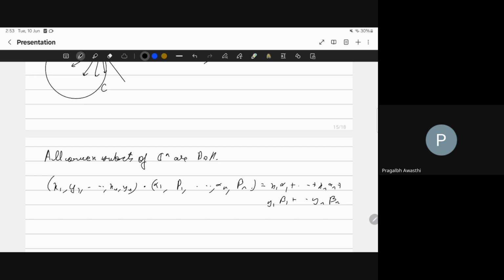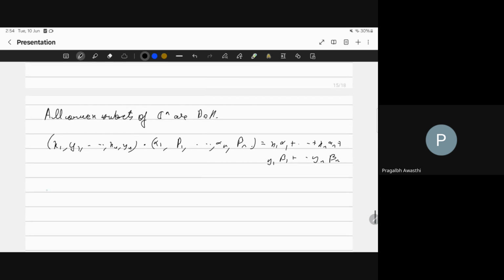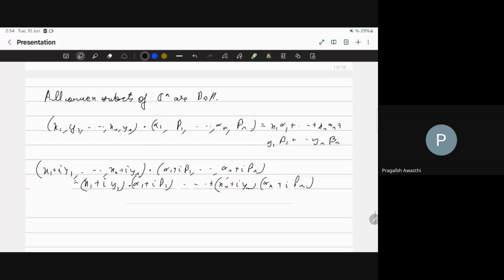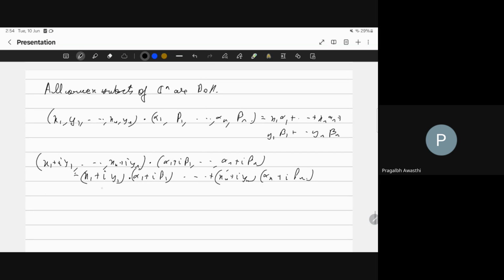In the complex case, these are complex variables x1 plus i y1, ..., xn plus i yn, and you take the dot product with alpha 1 plus i beta 1, ..., alpha n plus i beta n. Then this is a complex dot product, and the real part of this will give me x1 alpha 1 minus y1 beta 1.